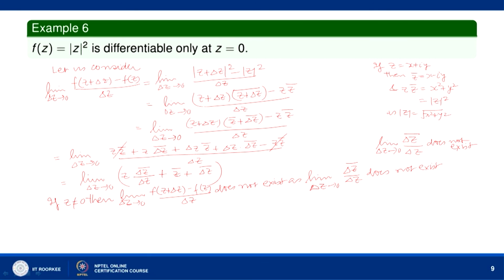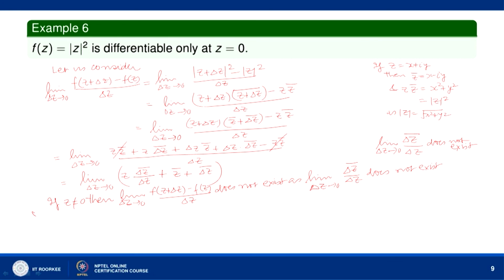This term is independent of delta z. So, this will remain z conjugate, this term will go to 0, when delta z goes to 0, delta z conjugate also goes to 0. So, with this term and this term there is no problem, but with this term there is a problem if z is not equal to 0, and therefore, the limit of f(z plus delta z) minus f(z) over delta z as delta z goes to 0 does not exist.